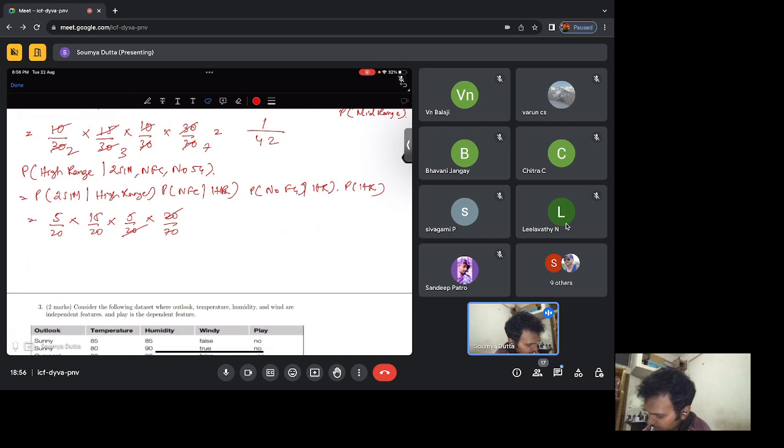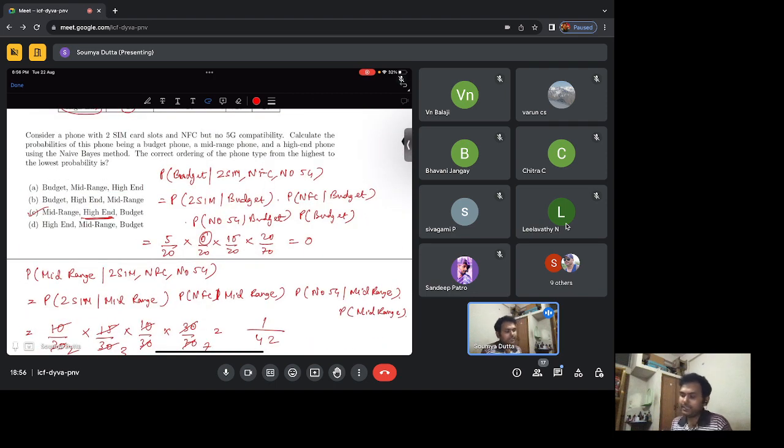So this would be 4, this would be 4, and this can be 3, this can be 14. So this would be 3 by 56 into 4, 16 into 14, which is 192. So I think 3 by 192 will probably be lower than 1 by 42, and therefore this would be mid-range, high-end and budget.